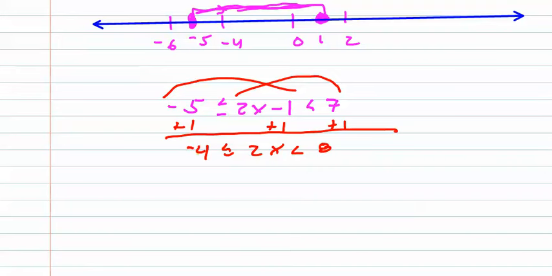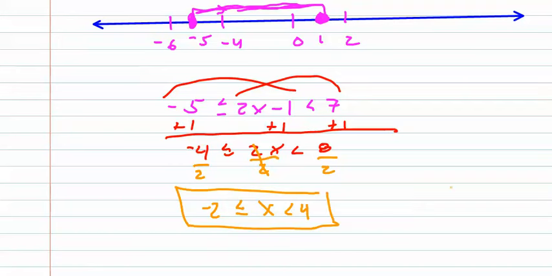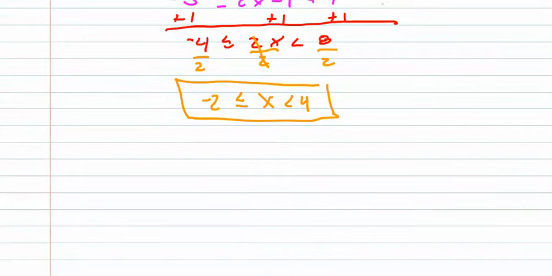Then I divide everything by 2, all three parts. These cancel, and I get x is greater than or equal to negative 2 and less than 4. That's my solution. And now I graph.